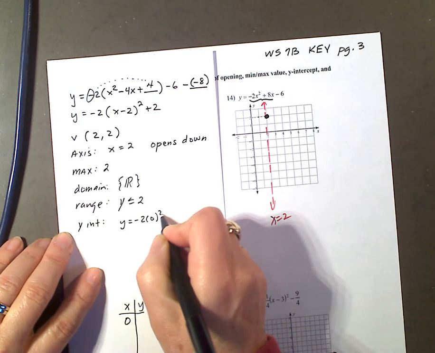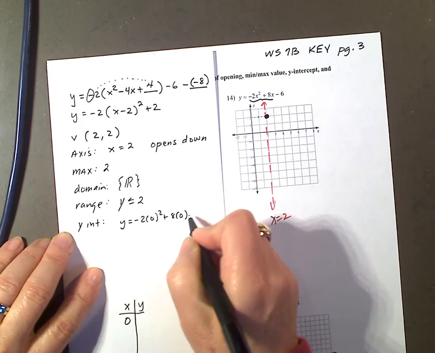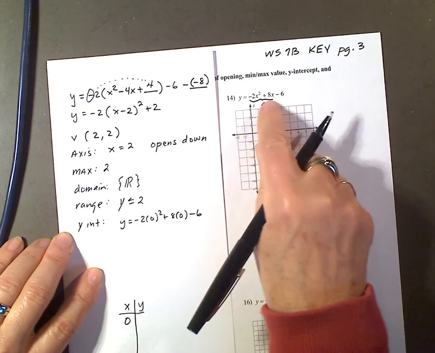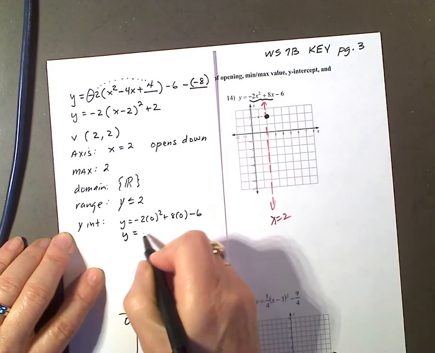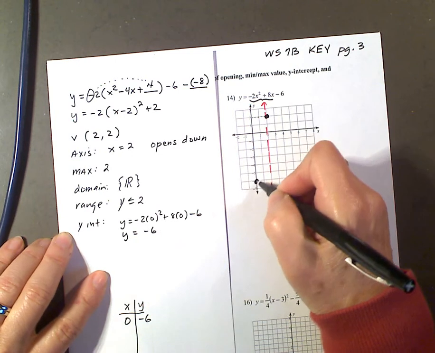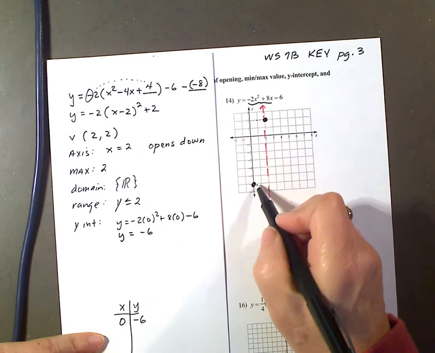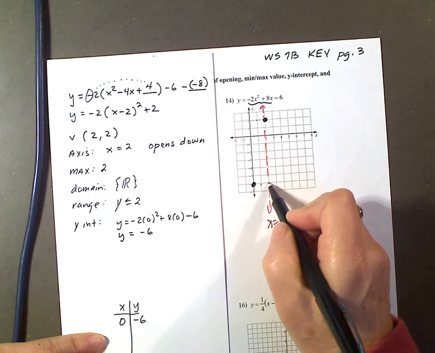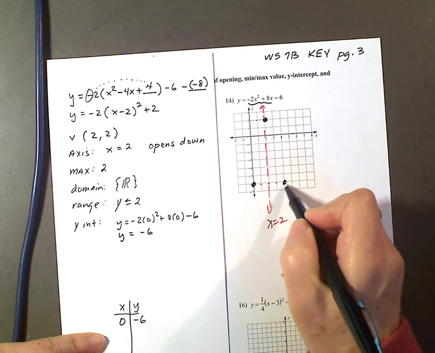What happens every time is those first terms just zero out. When x is 0, y is negative 6. So (0, -6) is going to be in our graph, and then I can reflect that. This is 2 to the left of the axis, and I can go over 2 to the right of the axis and pick up a point here.